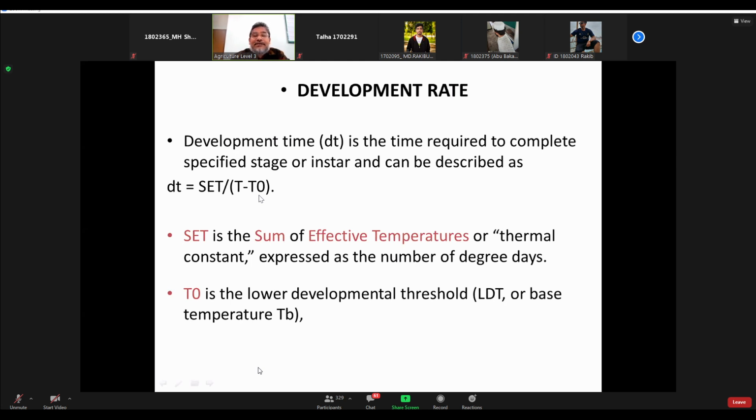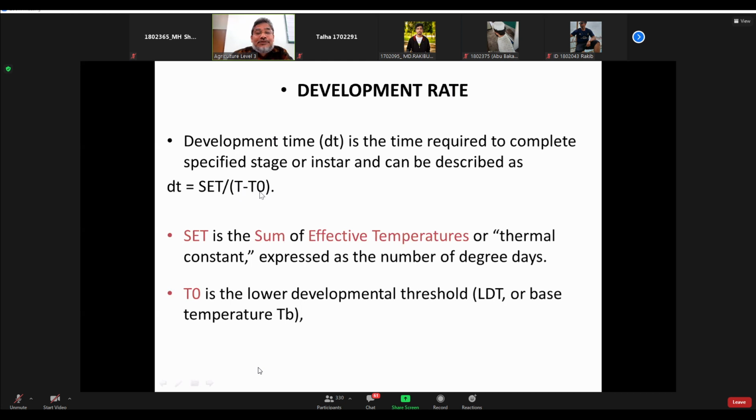That is total time it will take to complete its development. So T is the temperatures you are looking for. That is, you want to know at particular temperatures what will be the developmental duration of particular insect.